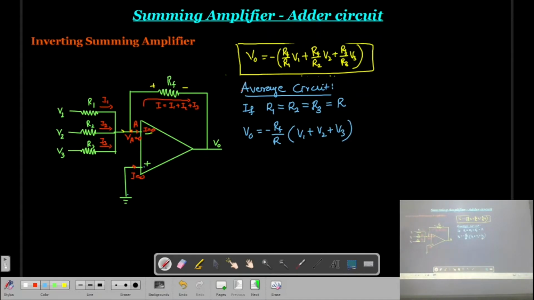Correct? But what we require is V1 plus V2 plus V3 divided by 3. It means that the factor RF by R must be equal to 1 by 3.